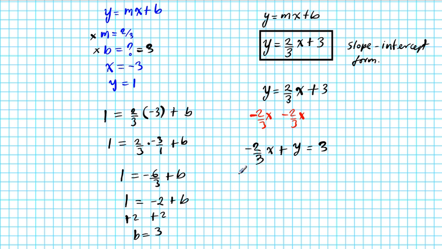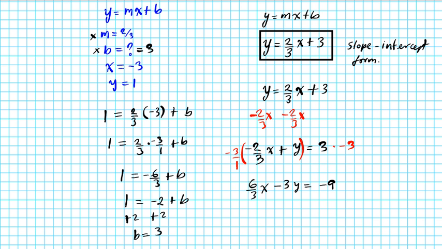So I can multiply everything by negative 3 over 1 just to get rid of the denominator and this minus right here. So I multiply the left side by negative 3 over 1 to get rid of that denominator, and then multiply the right side by negative 3 so I do not change the problem. If I distribute everything on the left, I'm going to have positive 6 over 3 x minus 3y equals negative 9.